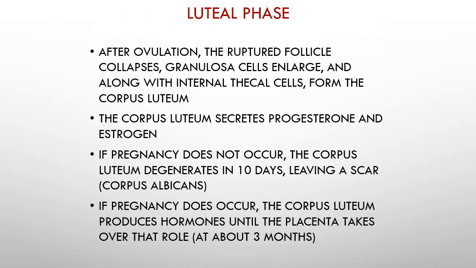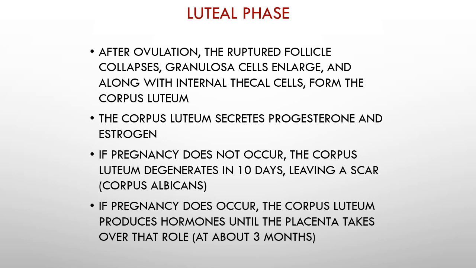After day 14, then we go into the luteal phase. So this is the corpus luteum essentially is in control. And so the cells that remain behind in the ovary from the follicle are what are going to then continue to produce progesterone and estrogen all the way up until menstruation occurs.